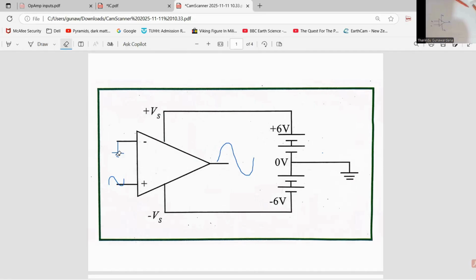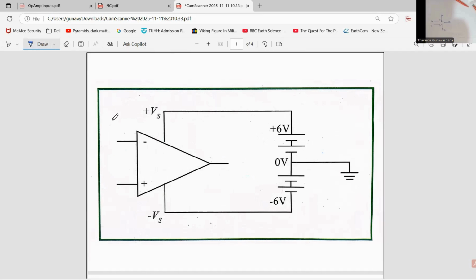Right. Then let's see what will happen if we feed this signal into the negative input while the positive one is grounded. Now this positive input is grounded, that means the potential is 0 V here. Then the signal is fed into this negative input.